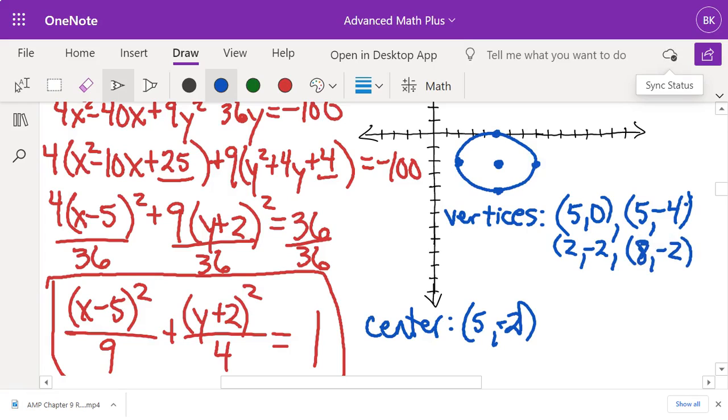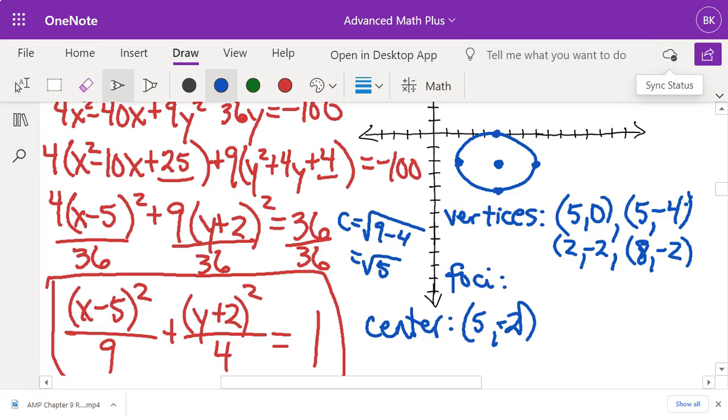Last thing I need is my foci. c is the square root of 9 minus 4, which is just the square root of 5. Which part of the center do I add and subtract that to, to get the foci?